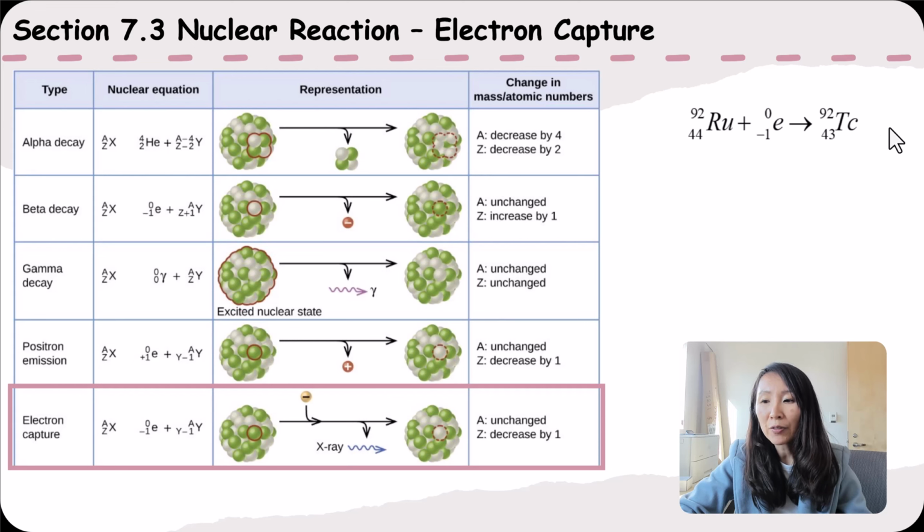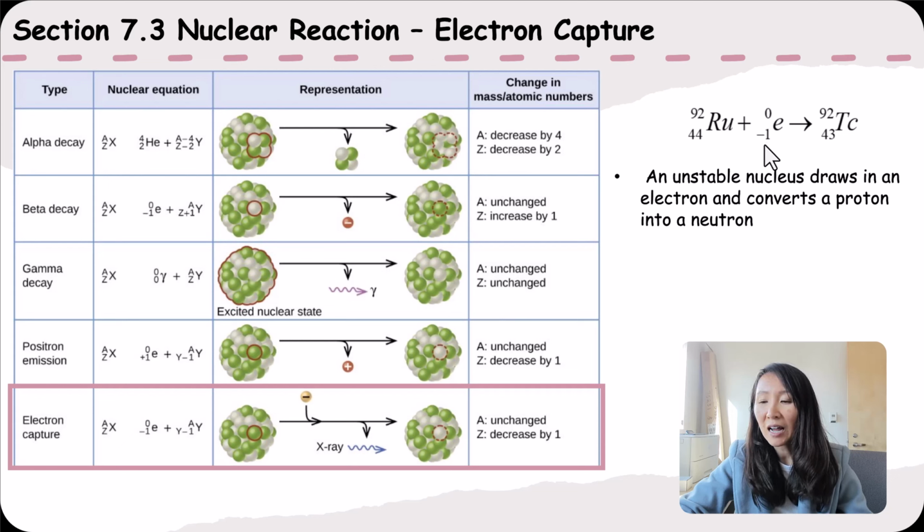An example on the right here says ruthenium. It shows ruthenium 92, and there is a capture of an electron-like particle. That is referred to as e, with 0 on top and -1 on the bottom. -1 because it's negatively charged.